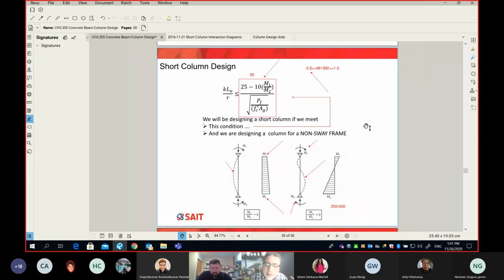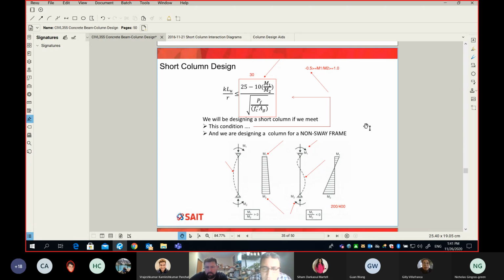Now, in our class, if you remember, in the last class we talked about short column, long column, or slender column, and I said we are not going to design a slender column. That is outside the scope of our class.